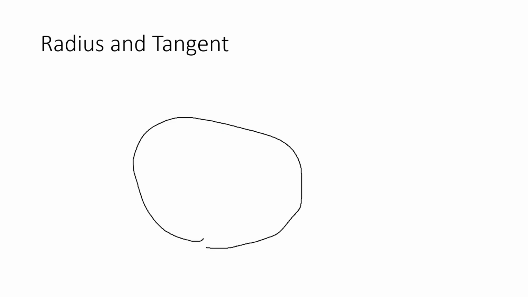Circle theorem number 5. The tangent and a radius will always meet at a right angle. So if we have a center of a circle here, and this is a radius of the circle, it will meet at that point there.